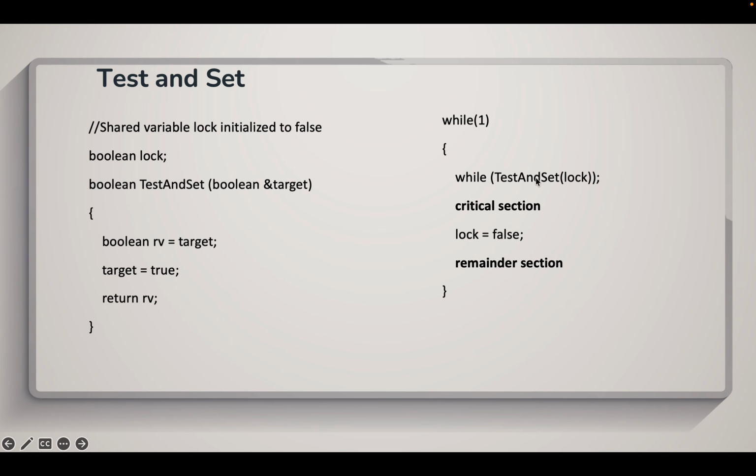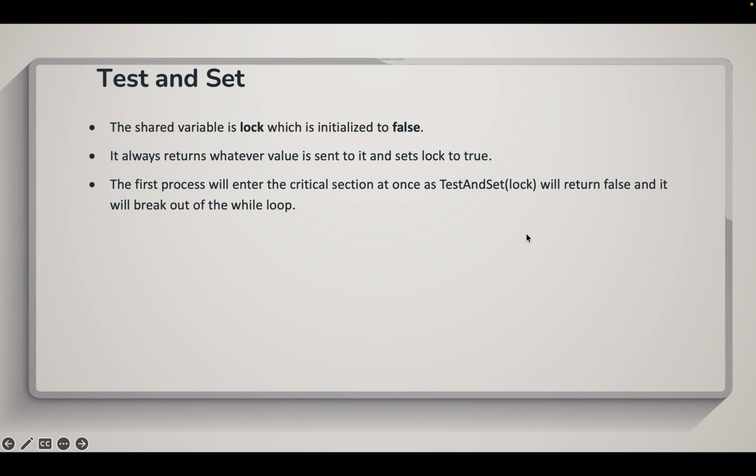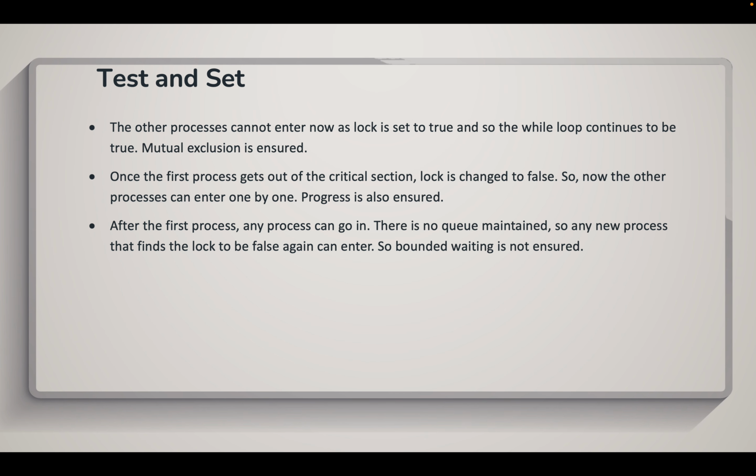Suppose the target is false. Then false is assigned to RV and false will be returned. If it is false, it enters the critical section. Once it finishes its operation, it resets the lock to false. That is test and set.